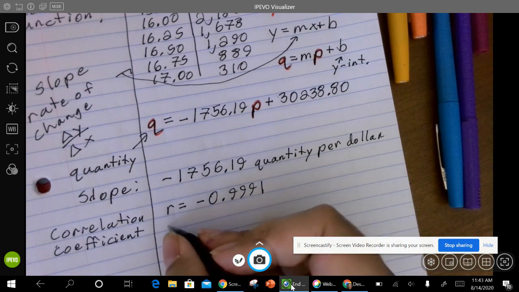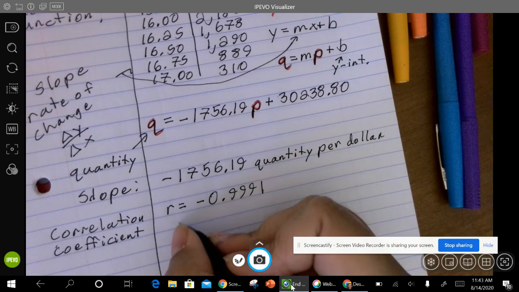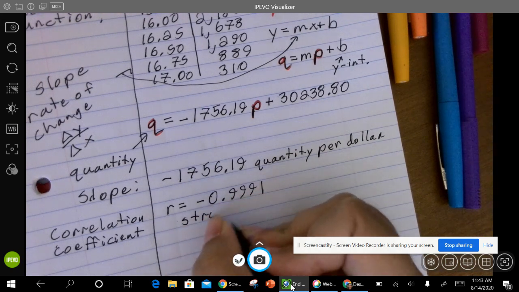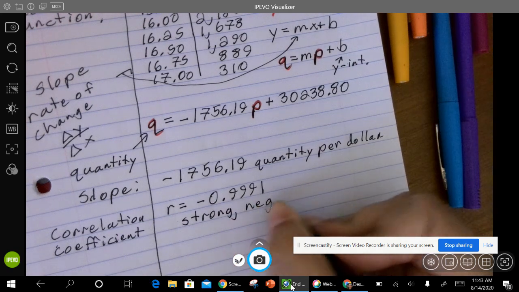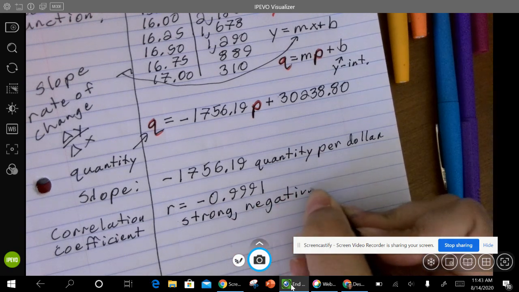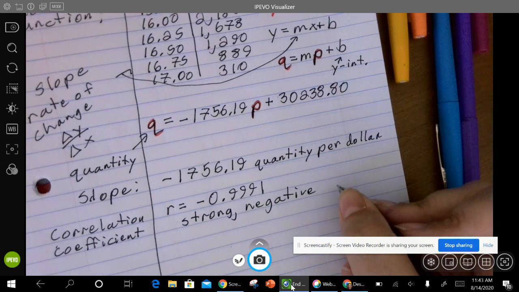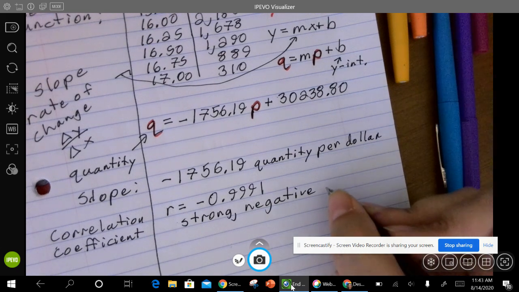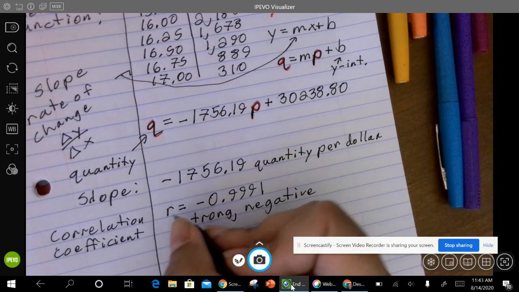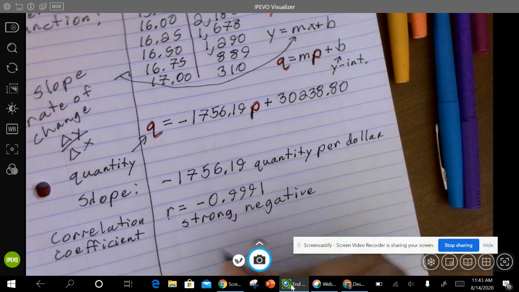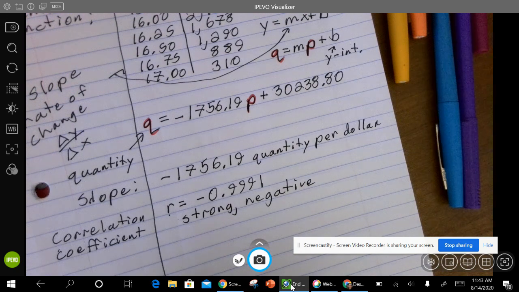Okay, so everybody remember from our notes from 2.2, that would be a strong negative. Okay, so everybody, that's a strong negative correlation. And remember, we're using the R value, not R squared.